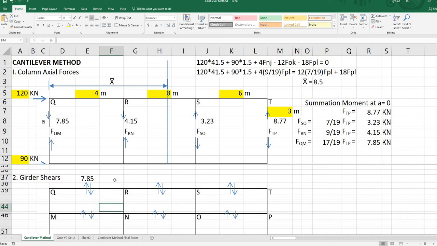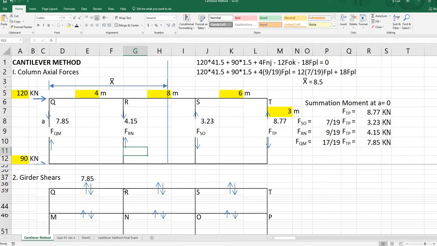Okay, so isipin natin na dito sa node R na yan, tatlong vertical forces ang nag-a-act. So you have the 7.85, you have the column axial force na 4.15, saka itong shear force RS.